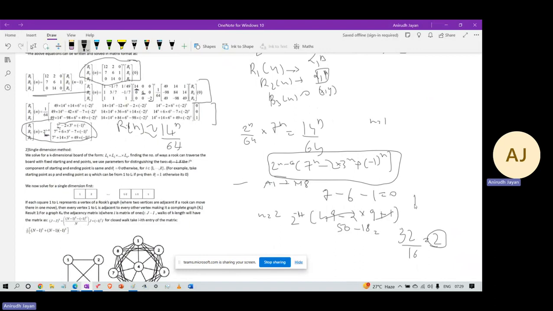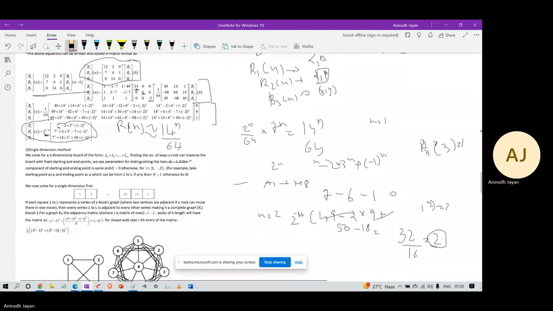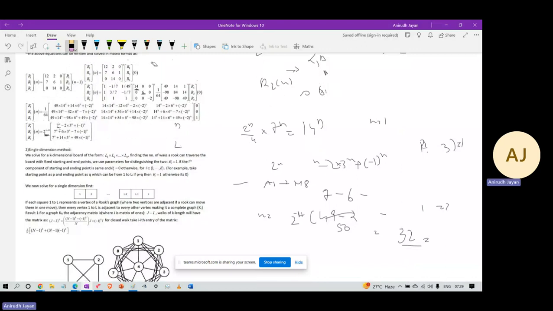So we get R of 2 as 2. R1 of 2 as 2. Similarly, R1 of 3 and R1 of 4 can also be found. Now, the matrix method has been applied.